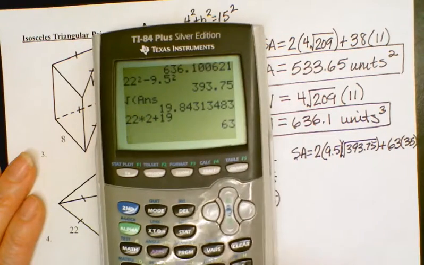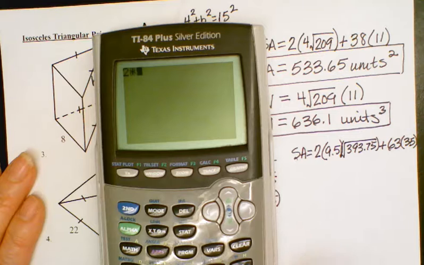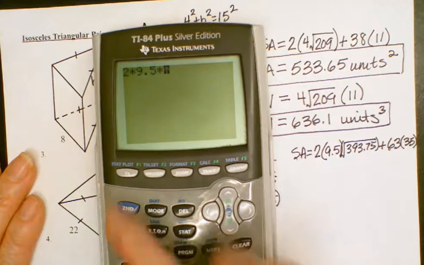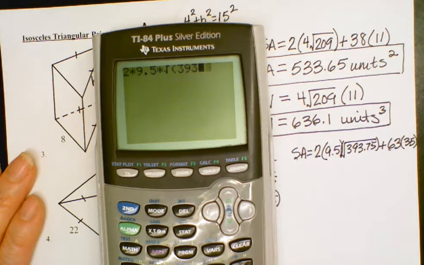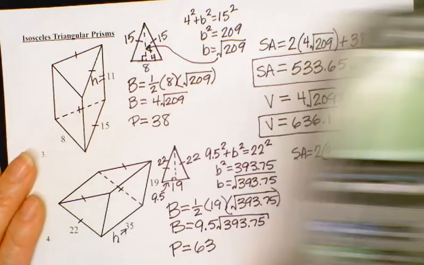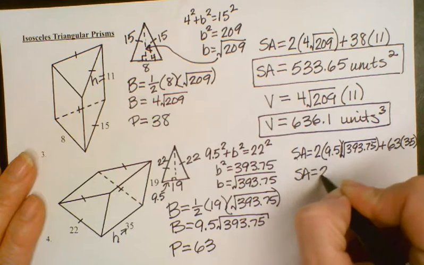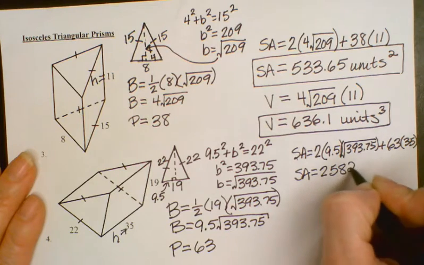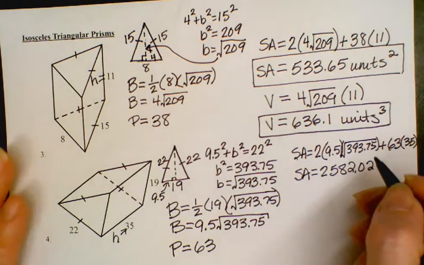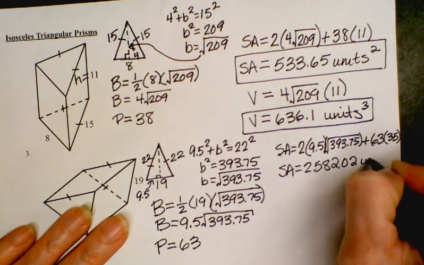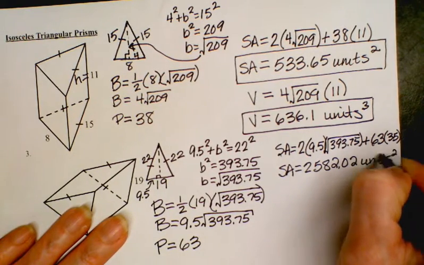So typing that into the calculator, 2 times 9.5 times the square root of 393.75, close that parenthesis, plus 63 times 35. 2,582.02. Here again, absence of a label means we'll use units squared.